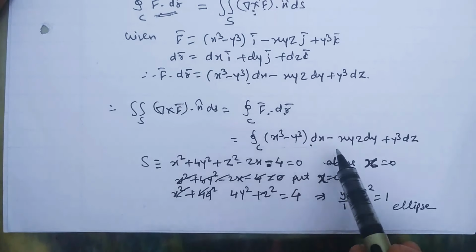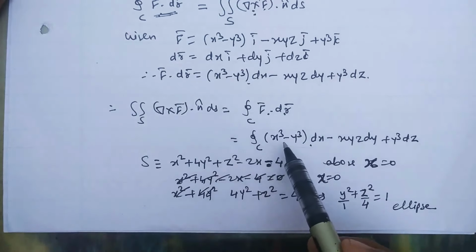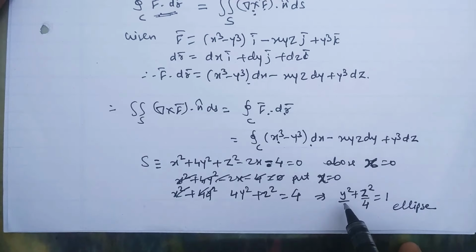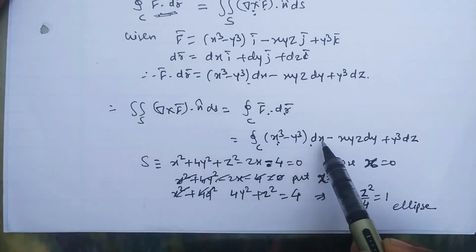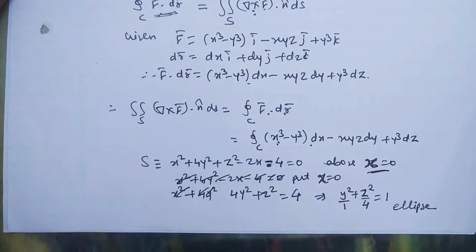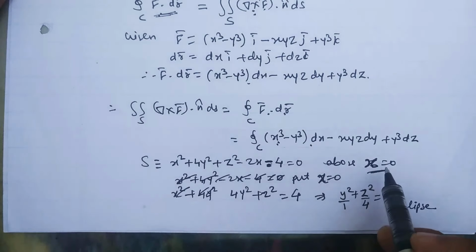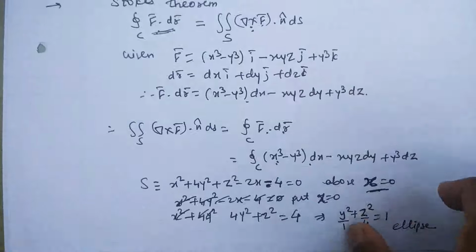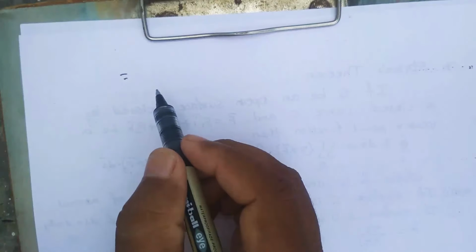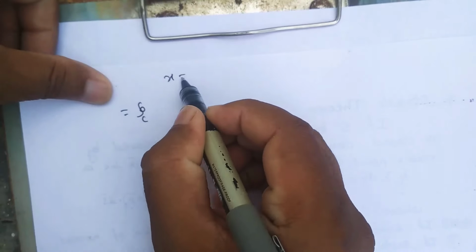So, to evaluate this, we are going to put x equals 0 and use elliptical coordinates. First, x equals 0 and dx equals 0, because we are given the plane x equals 0.